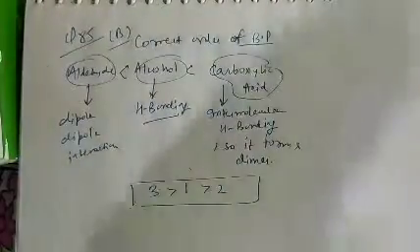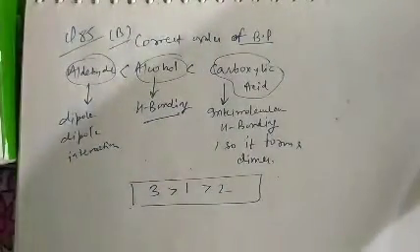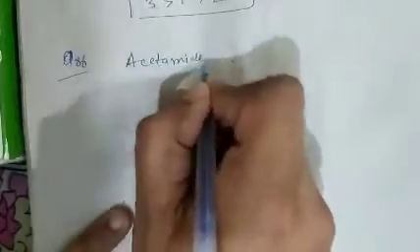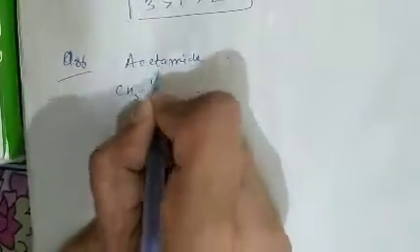See question number 86. In question number 86, what is given there? Question number 86 is the reaction of acetamide. Acetamide is basically CH3 C double bond O NH2.